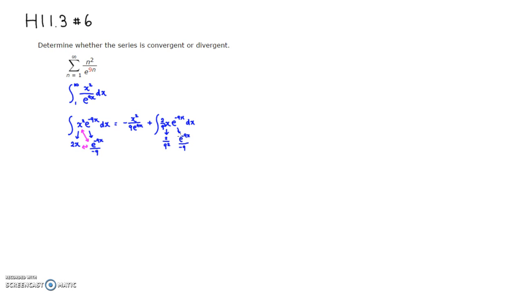So this is going to be equal to, going down here, the first term is already finished, so I'm going to just copy this down: x squared over 9 e to the 9x. Alright, so we multiply this way first. So you have negative, and then multiply these together.